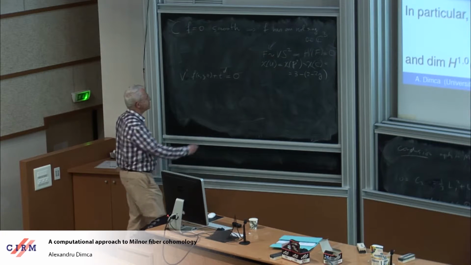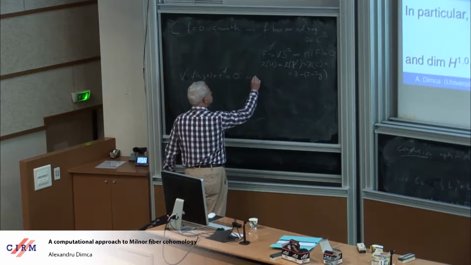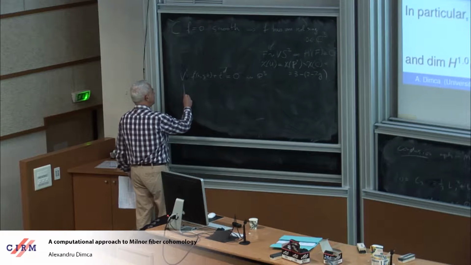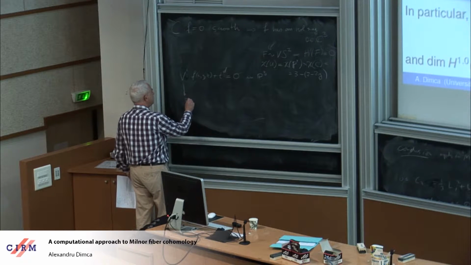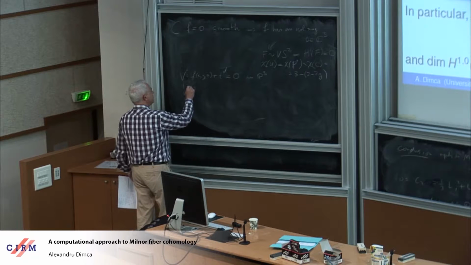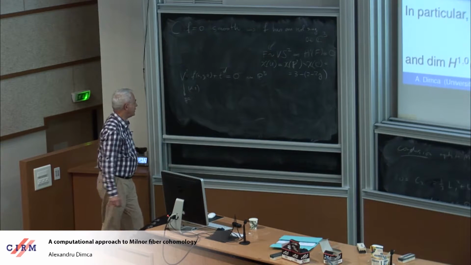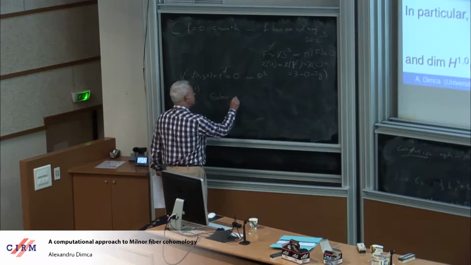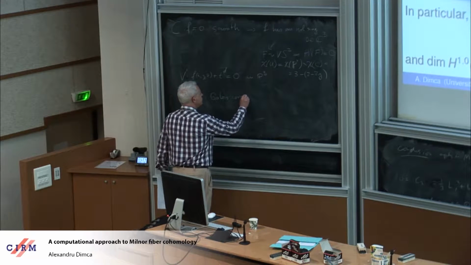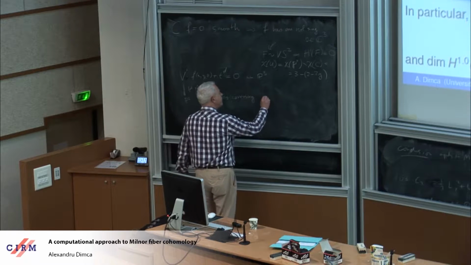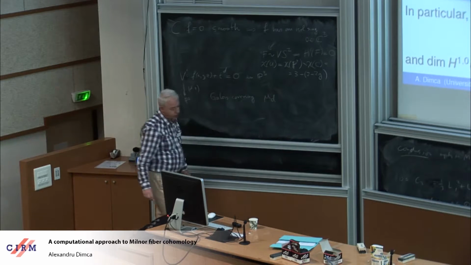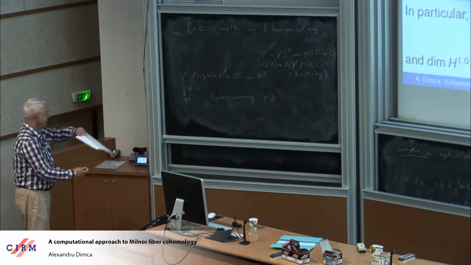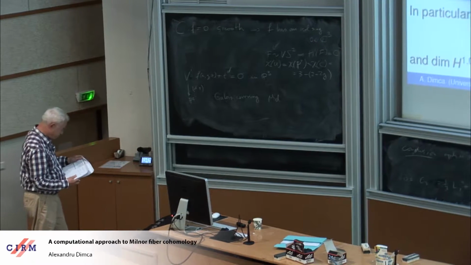So I look at this surface in P3, and of course this is just a ramified covering over P2, and this covering actually is a Galois covering, with group given by the multiplicative group of d roots of unity.